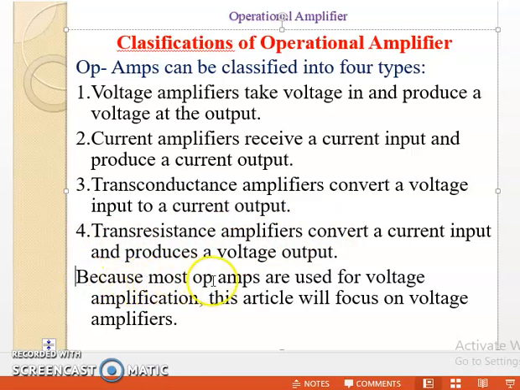Most operational amplifiers are used for voltage amplification, so this article will focus on voltage amplifiers only. Hereafter, whenever we see operational amplifiers, we are going to focus on this first type, voltage amplifiers.